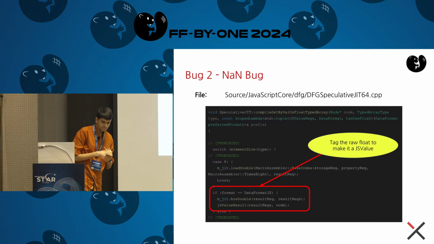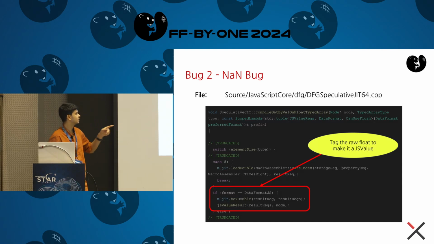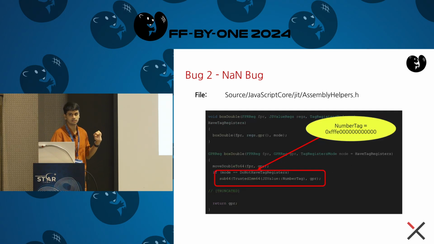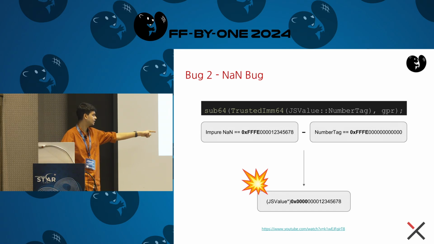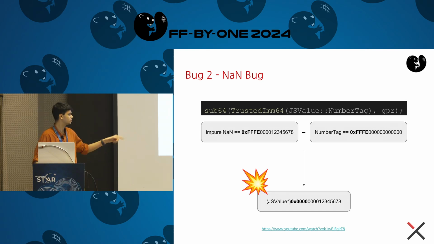The compiler does convert the float into a JS value, but it never checks whether the top bits are set or not. So this means that we have an overflow here, which should never have happened, and we again have an arbitrary pointer dereference. Me and my colleague did a full talk on this, which you can watch there.